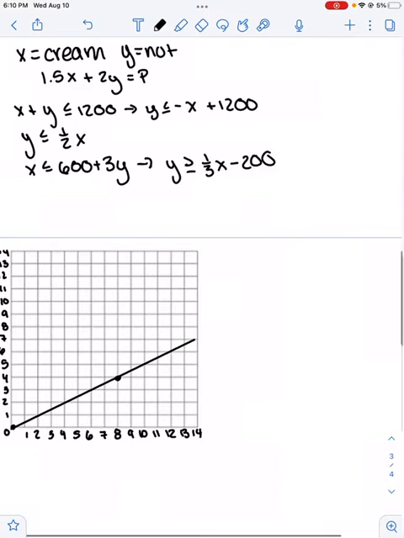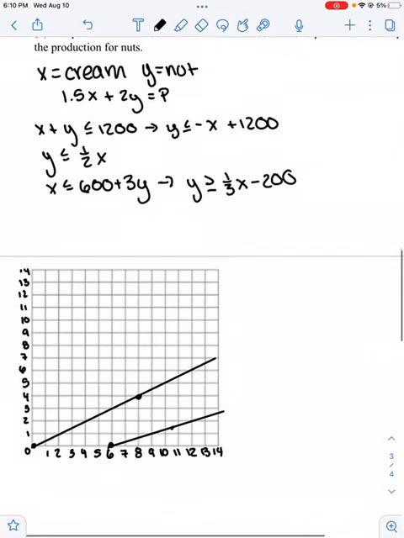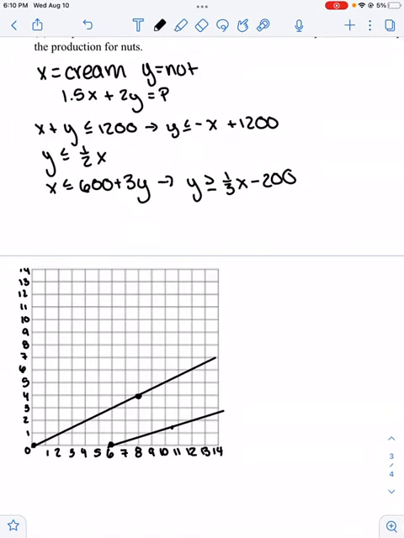Here's one equation, and then 50 out here, and then the last one 1200 and 1200. And after you do your shading, this region here would be where the triple shade is.